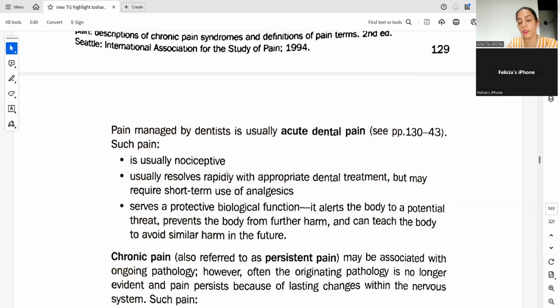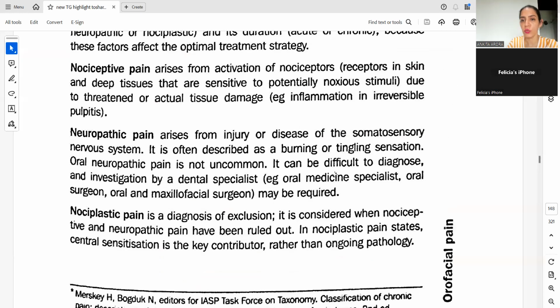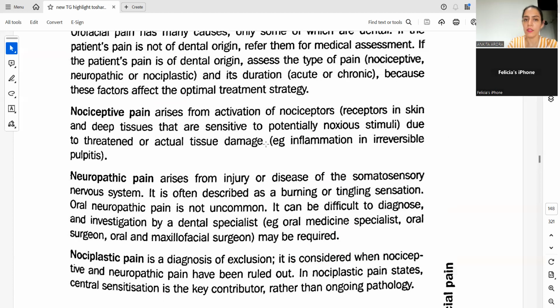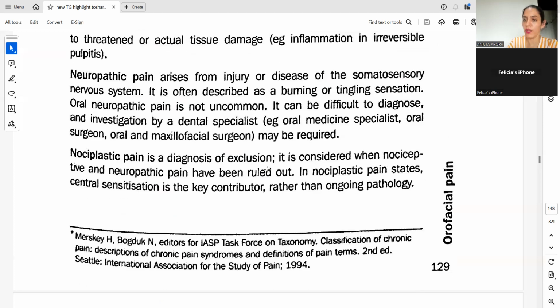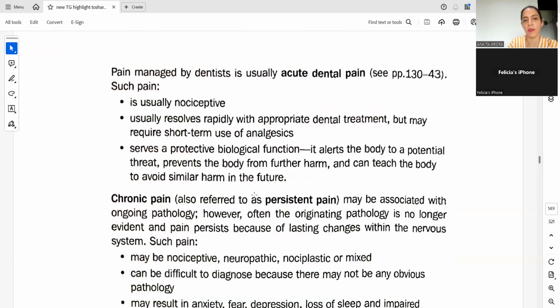And even the pain because of an ulcer or any oral eruptions, that painful sore mouth, is also of the nociceptive variant, because there also tissue damage is there and noxious stimuli are present. So broadly we are dealing with nociceptive pain.